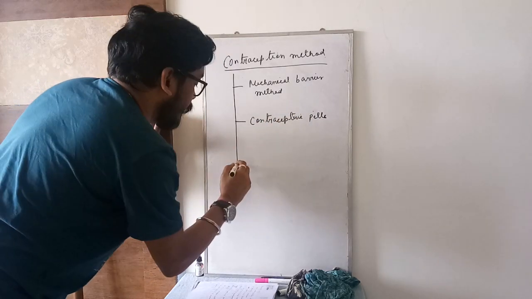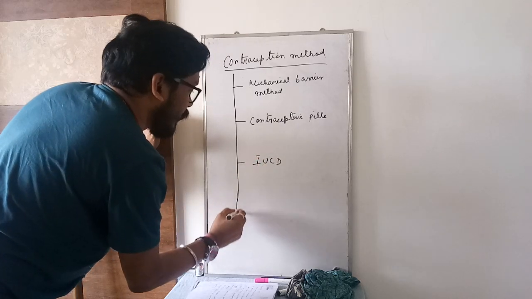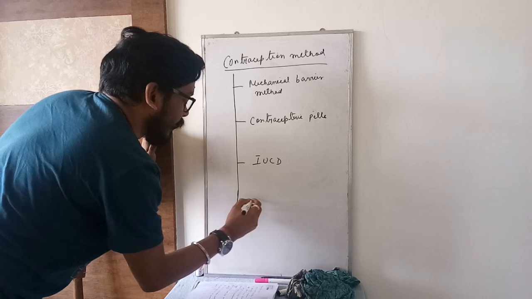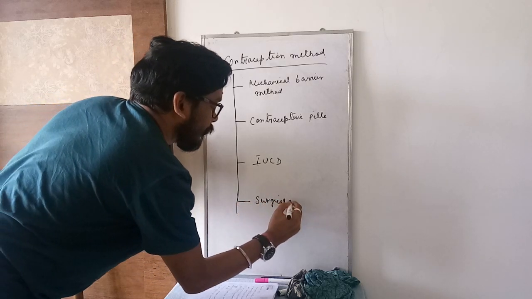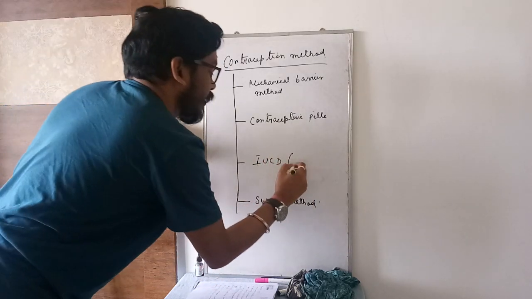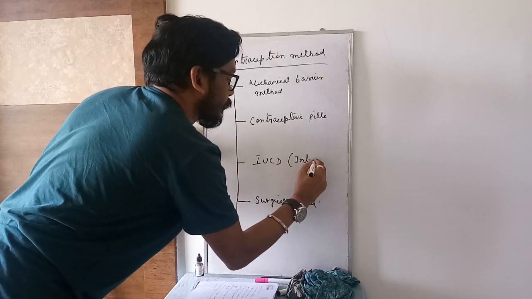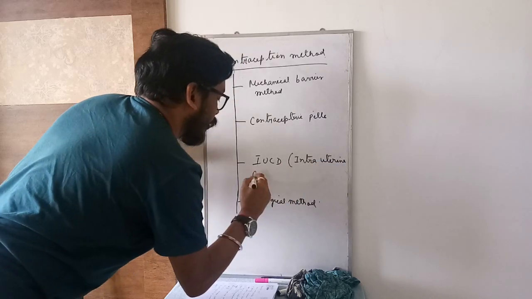Contraceptive pills, then IUCD, intrauterine contraceptive device, and last is the surgical method.